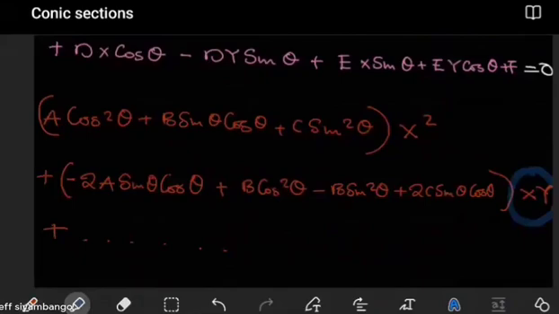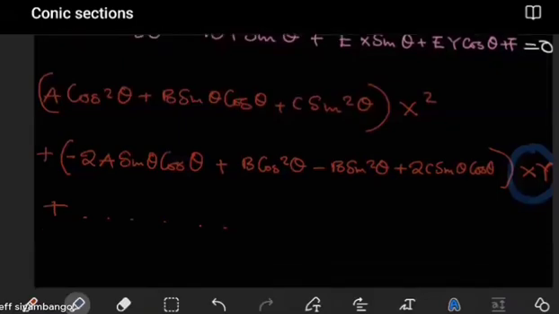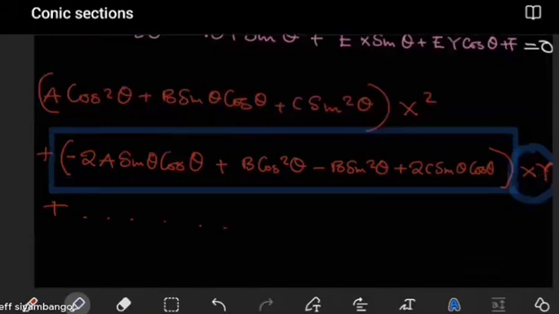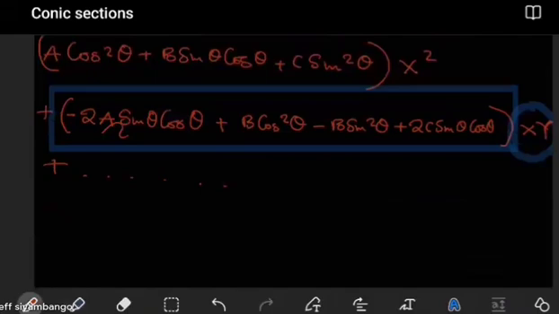So when we rotate through that angle theta, we have eliminated the cross product. It means that by doing the rotation that we have done, this term here must reduce to 0 so that the term xy here actually disappears. What does that mean? It means that the angle theta that has to be placed here has to be an angle which ensures that this, highlighted in blue, the coefficient of the xy, reduces to 0.